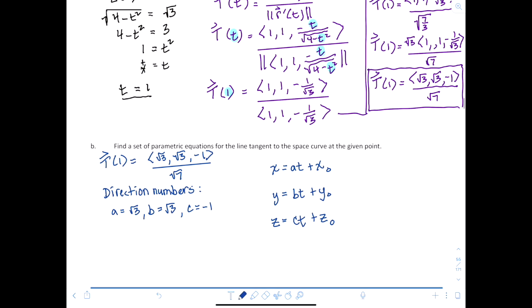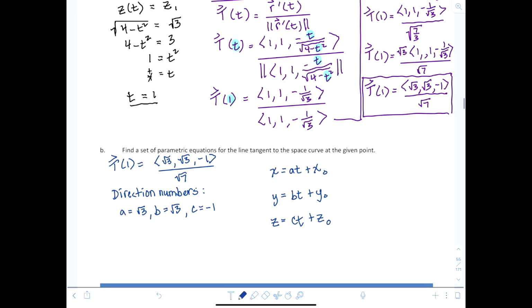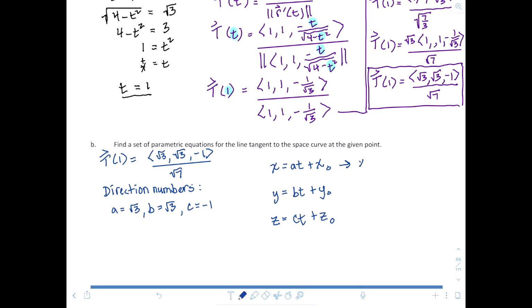So this is going to give us x is equal to root 3 times t plus 1. y is going to equal root 3 times t plus 1.